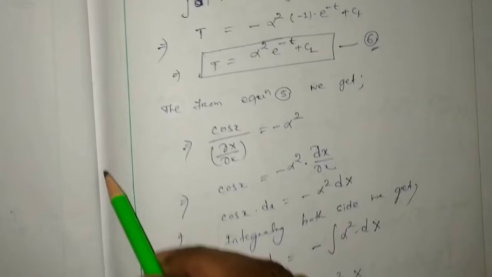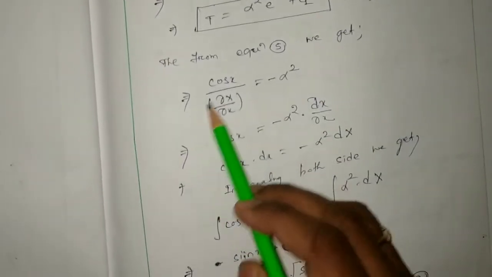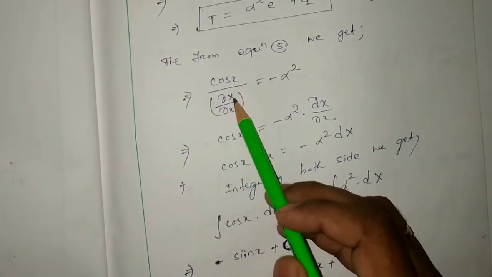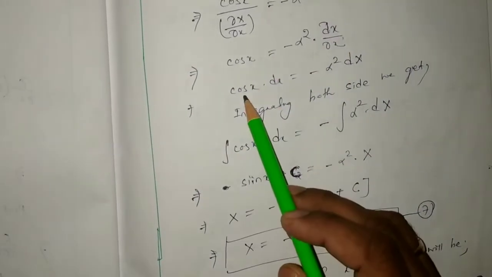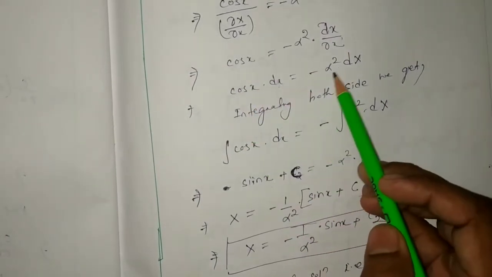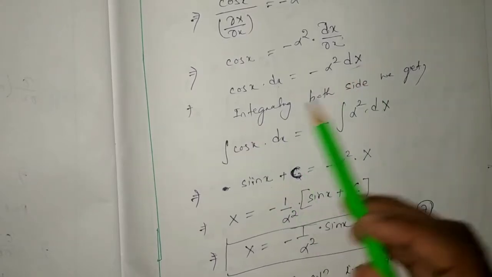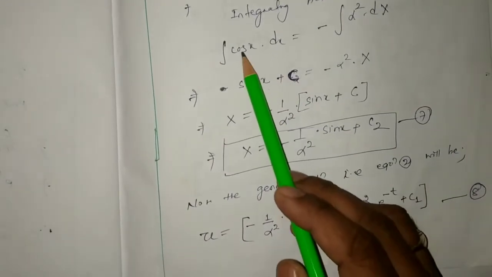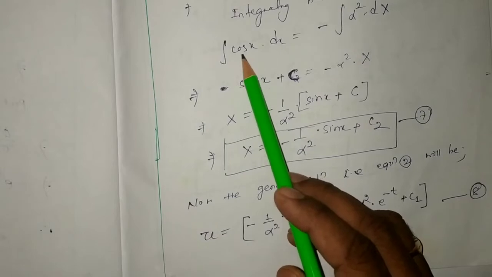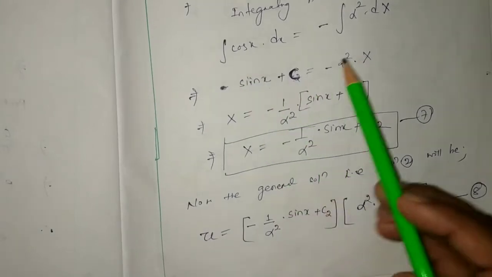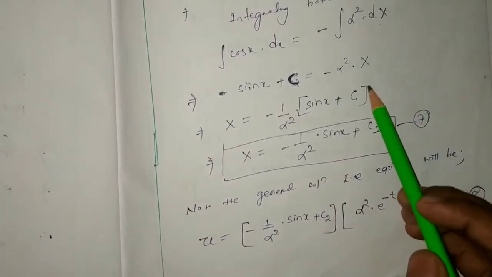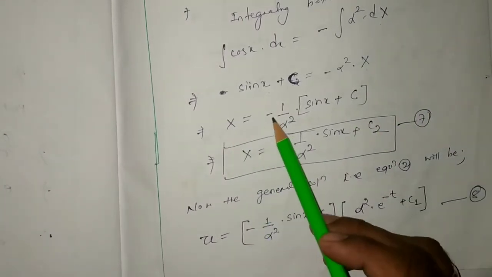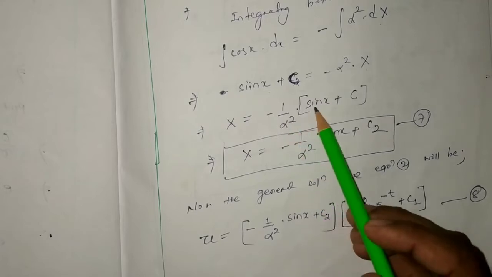Now from equation number 5, we have cos x ∂X/∂x equals minus alpha square. So cos x dx will be minus alpha square dX. Now we have to integrate both sides. The integration of cos x will be sin x plus c, and this equals minus alpha square times the integration of dX, which is X. So X will be equal to minus 1 by alpha square sin x plus c.